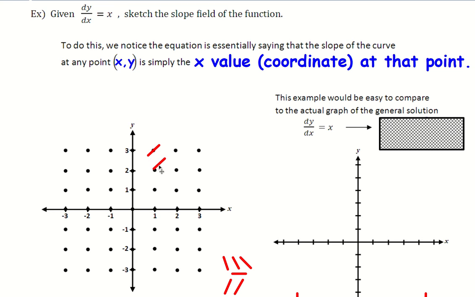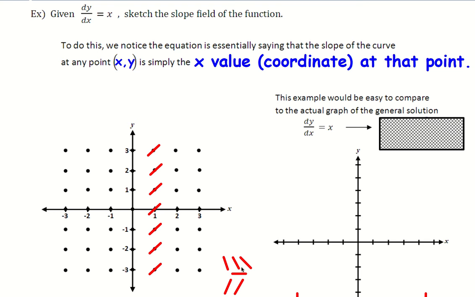But this point right here also has an x coordinate of 1, and so the slope here is also going to be 1. It's again whatever the x coordinate is. So all these points, dy dx equals 1, because x is 1.